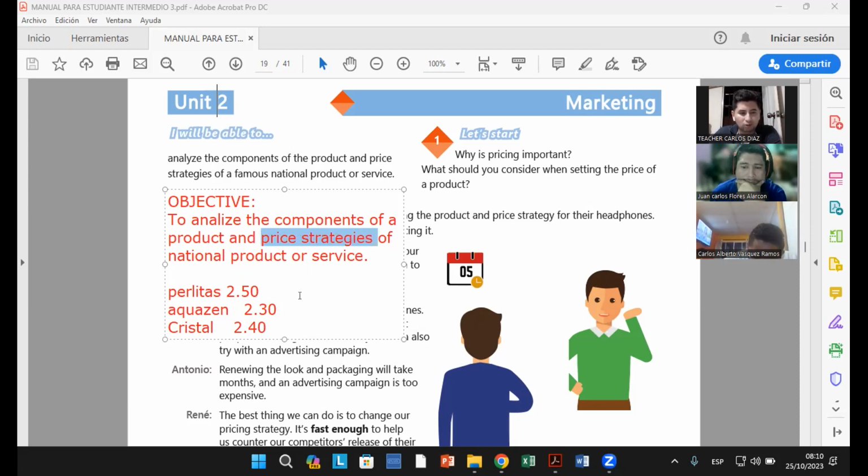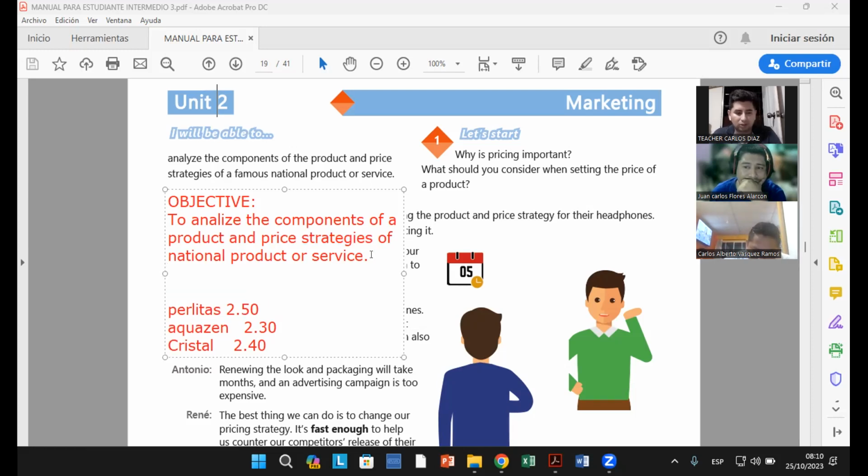Companies are going to set prices, but they do a market mapping. Market mapping is when they investigate the prices of the competition. In this case, Perlitas is going to do a market mapping.